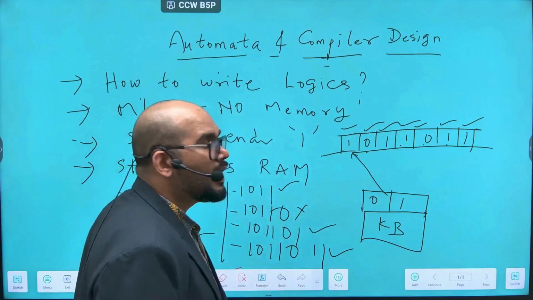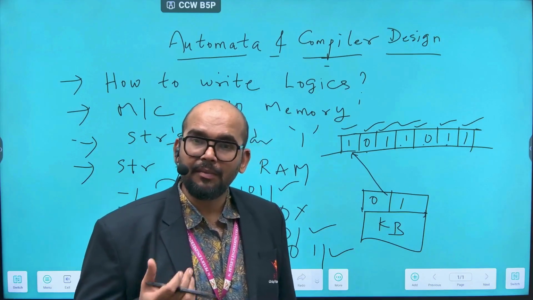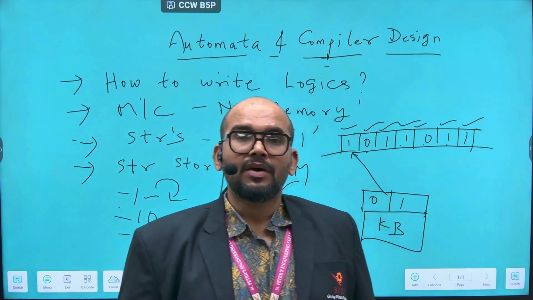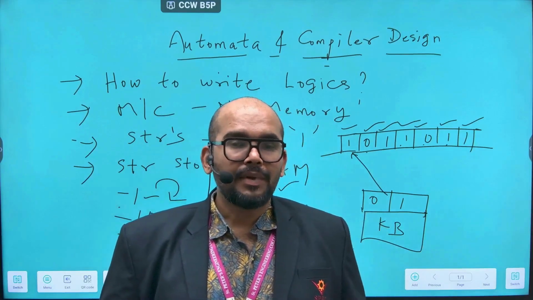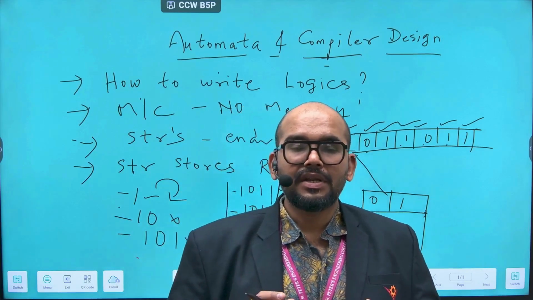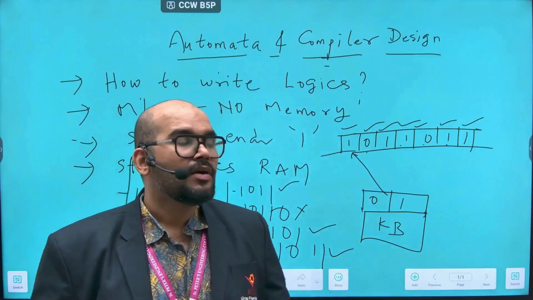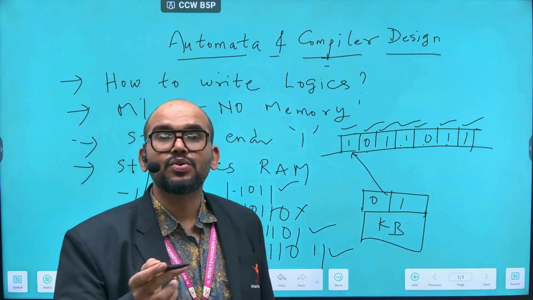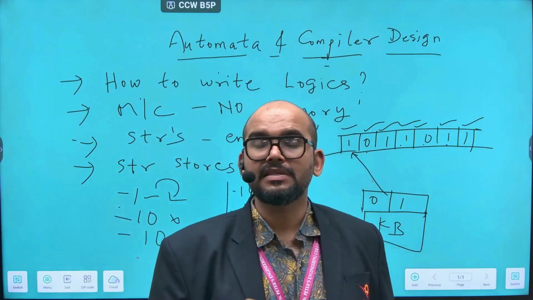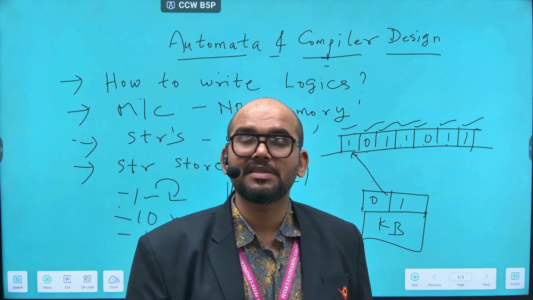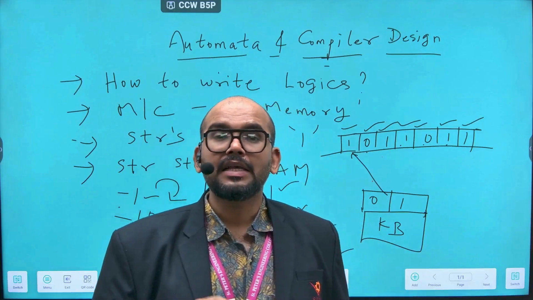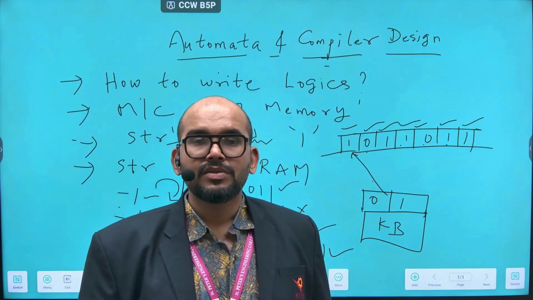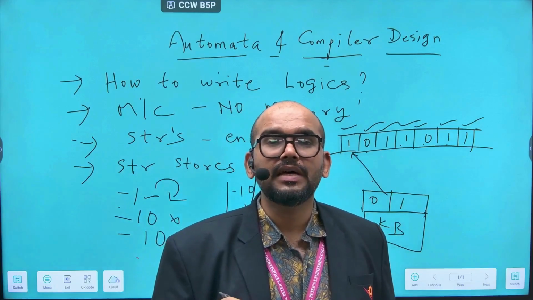As our machine doesn't have any memory, if it had some memory and we stored this input string, it would be stored within the RAM, that is the random access memory, the main memory. As we don't have any memory, how do we go with the logic?